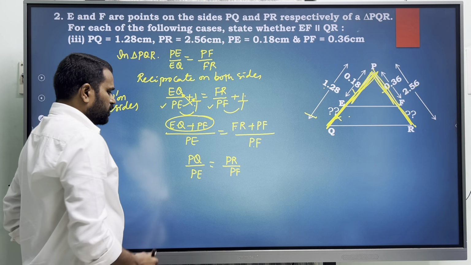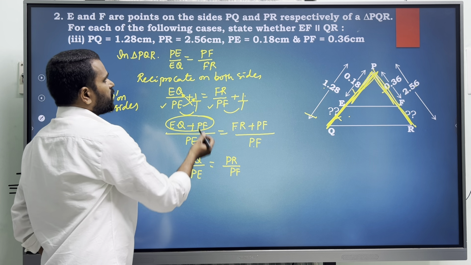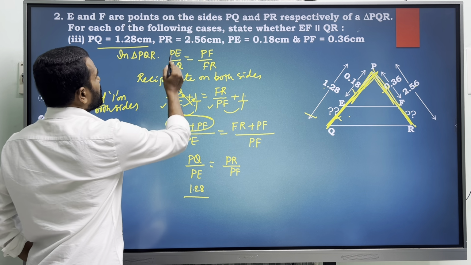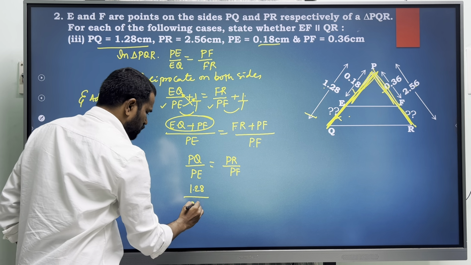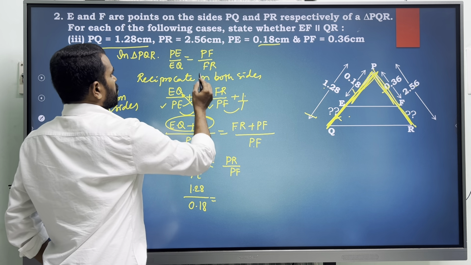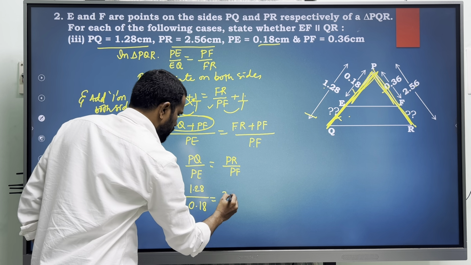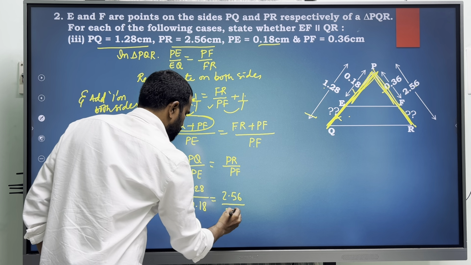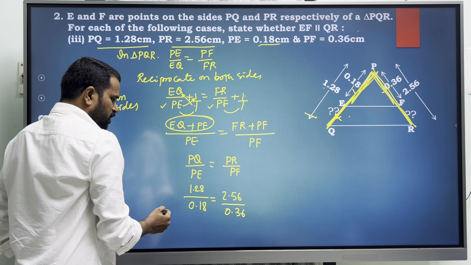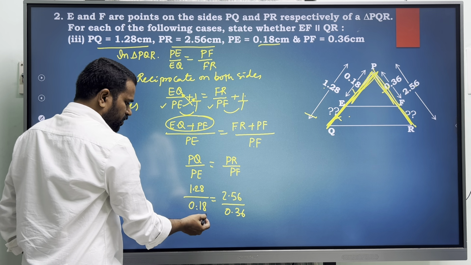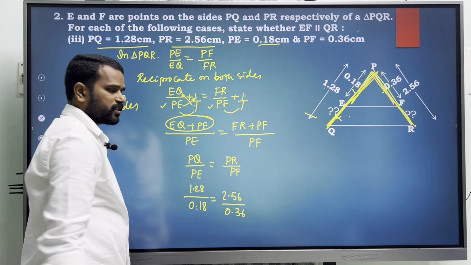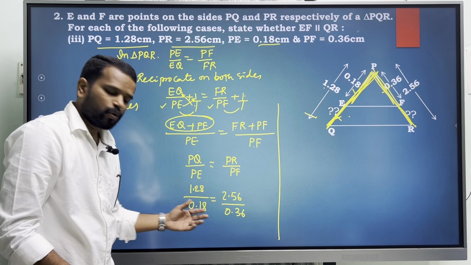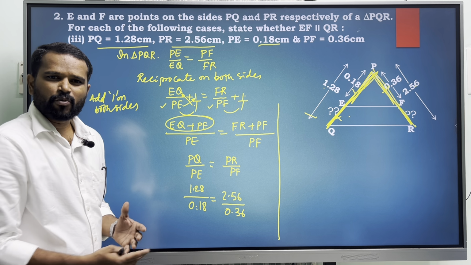Now see here, PQ is 1.28 by PE 0.18, and PR 2.56 by PF 0.36. Here everything has 2 digits after the decimal point in all 4 cases, so we don't have to multiply by 100 by 100.